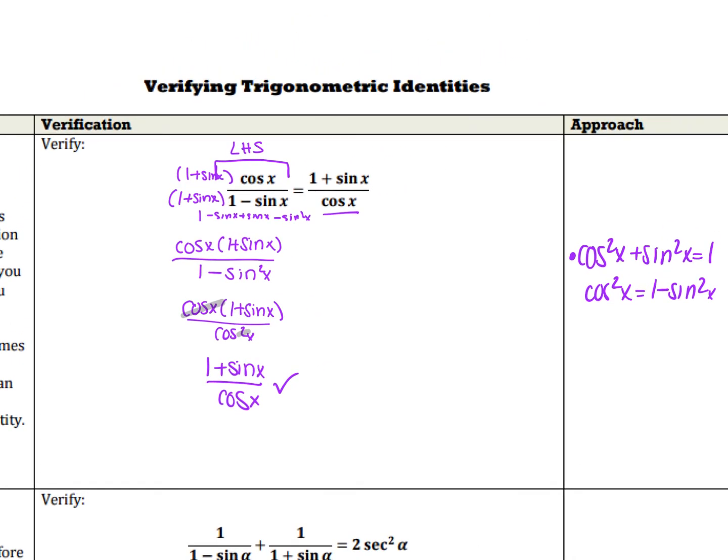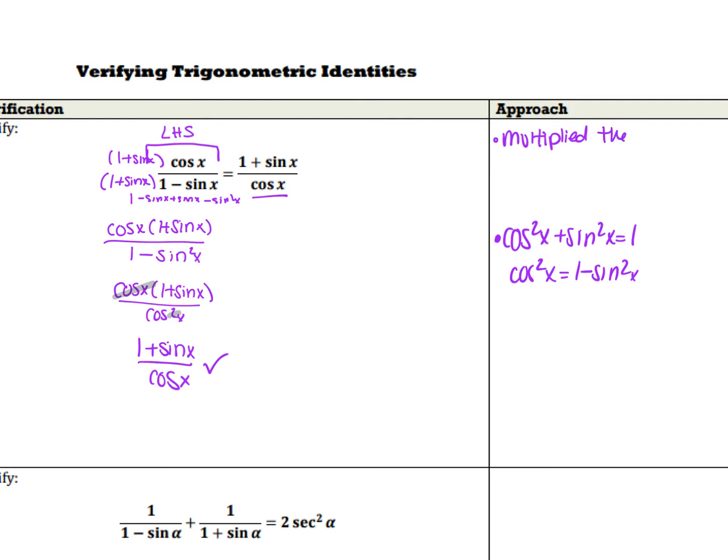So the first thing we did was multiply the top and bottom by the conjugate. And then we used this identity, cosine squared equals 1 minus sine squared, and then we simplified.